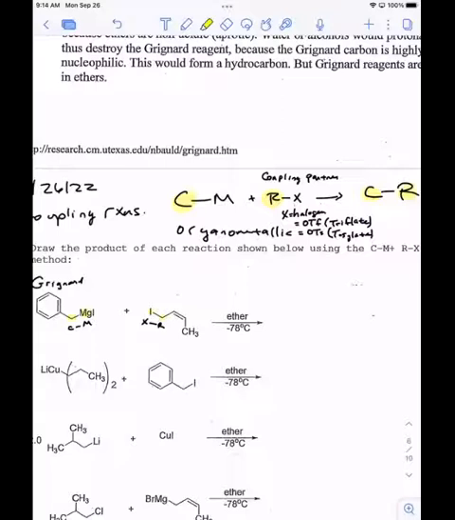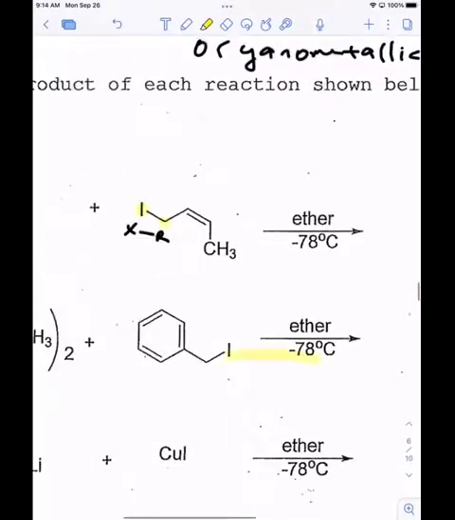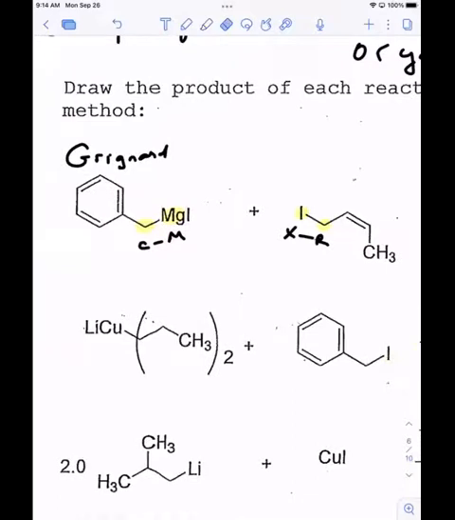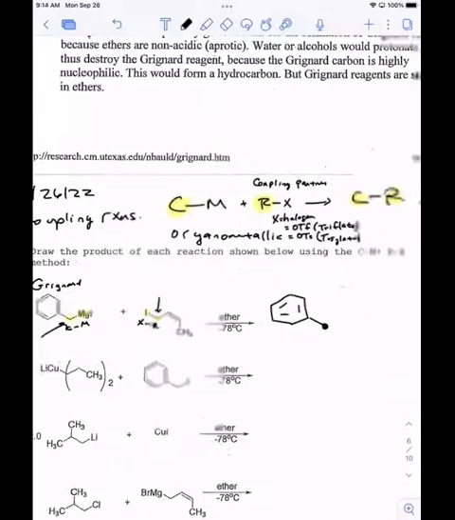So in the product, I want a bond between these two carbons right here, this one and that one. So what I'm going to do is draw this one carbon right here. I'm just going to indicate that carbon with a dot, the carbon that was bonded to magnesium.